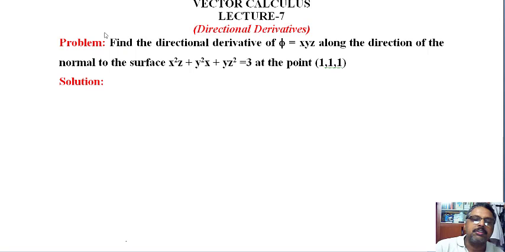So, what is the given question here? Find the directional derivative of phi. What is the directional derivative formula?